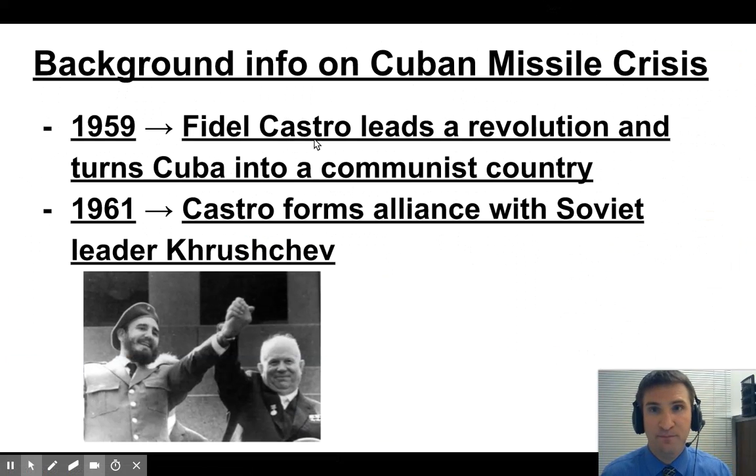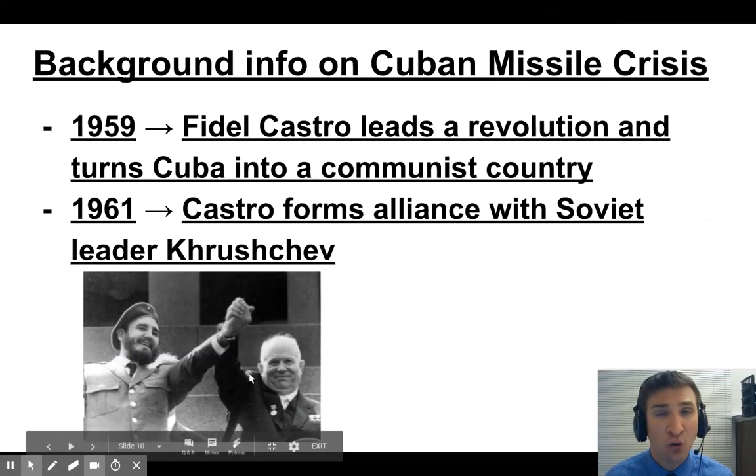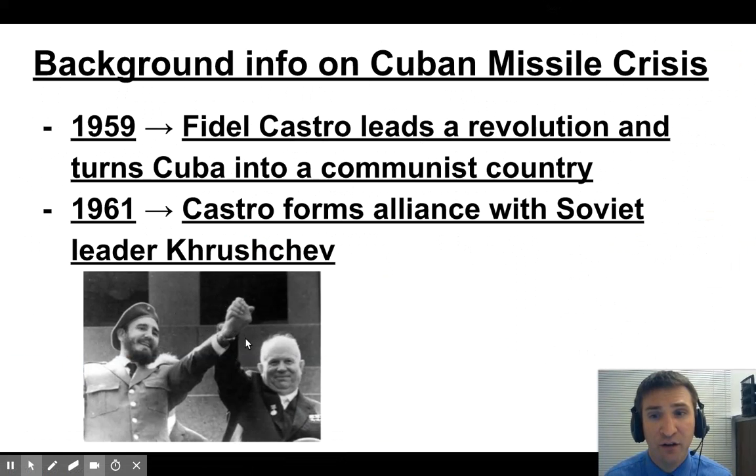What happens? Background info on the Cuban Missile Crisis. In 1959, Fidel Castro leads a revolution and turns Cuba into a communist country. Then, in 1961, Castro forms an alliance with Soviet leader Khrushchev.